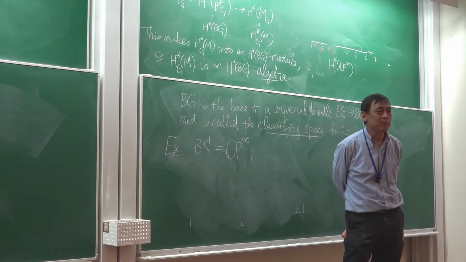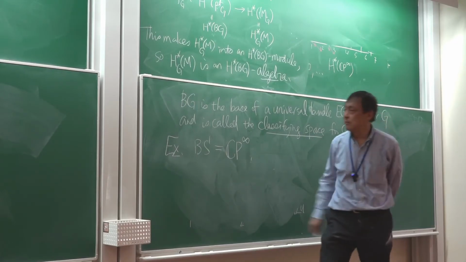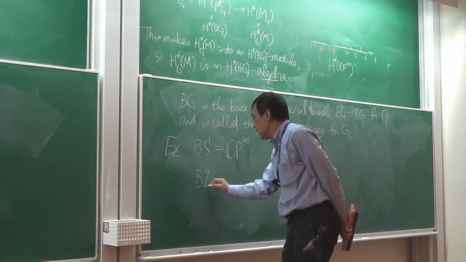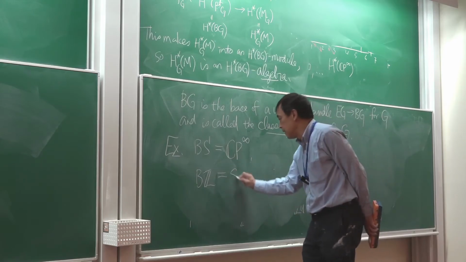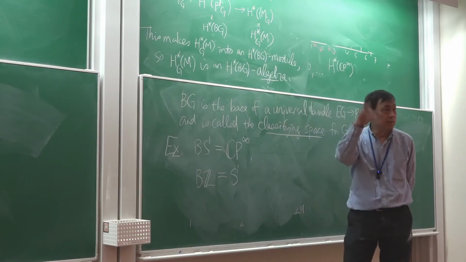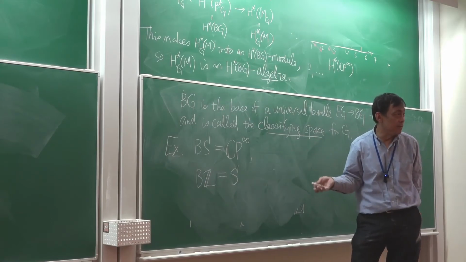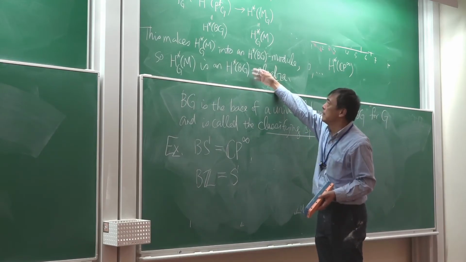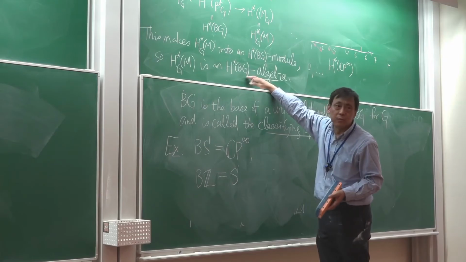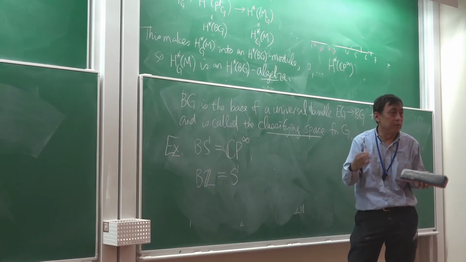Now, what other examples do we have? BZ, right? What's BZ? BZ is S1, because you have R over Z equal to S1, where R is the universal bundle for Z. And so you see that it's important to know what BG is for different groups.